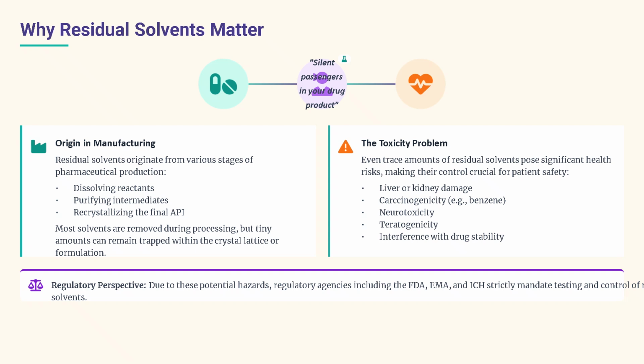These are considered low risk with higher allowable limits. Ethanol, acetone, ethyl acetate. Solvents like these are acceptable up to 5,000 parts per million. So, in every drug submission, NDA, ANDA, or DMF, developers must prove that their product meets these ICH Q3C limits.